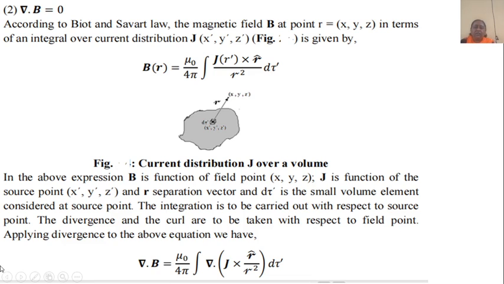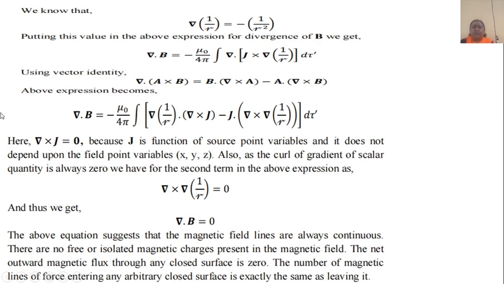Now applying divergence to the above equation, we get del dot B equal to mu 0 upon 4 pi integral del dot (J cross r cap upon r square) d tau. Now we know that del (1 upon r) equal to minus r cap upon r square.